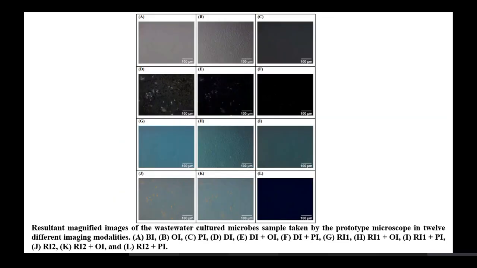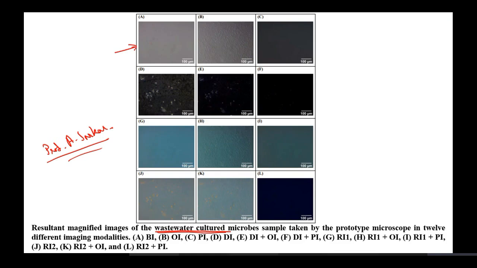Another important thing which I want to show over here: we got some wastewater which was being cultured at Professor Angana Sarkar's lab. She works on environmental biotechnology, and she was quite helpful in providing us with the sample.